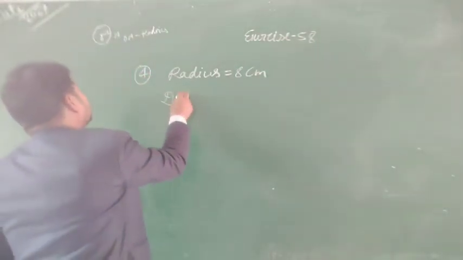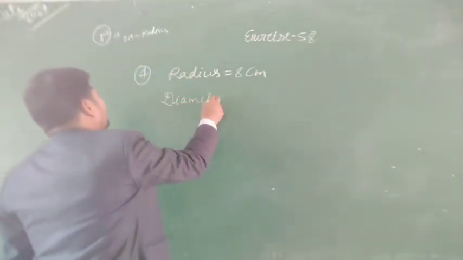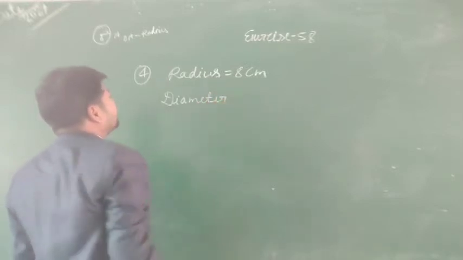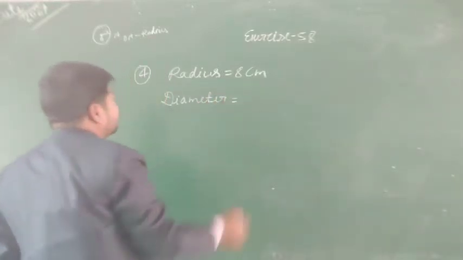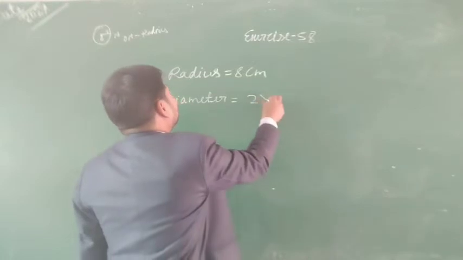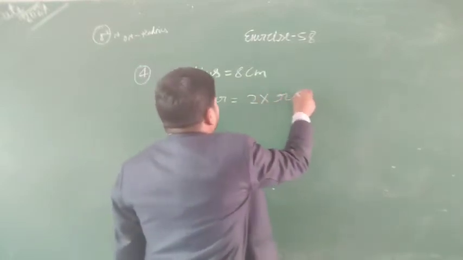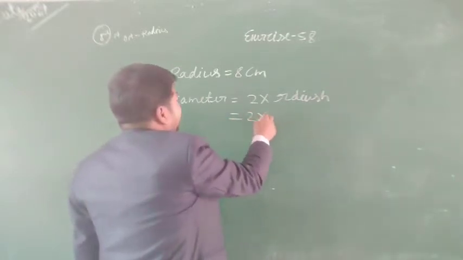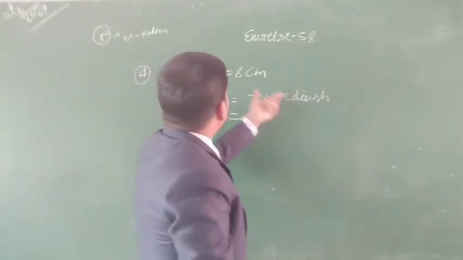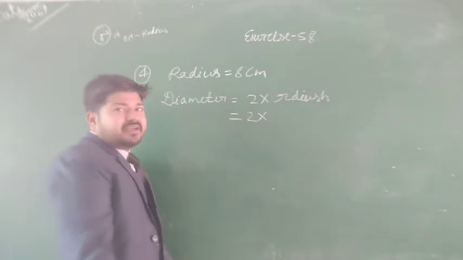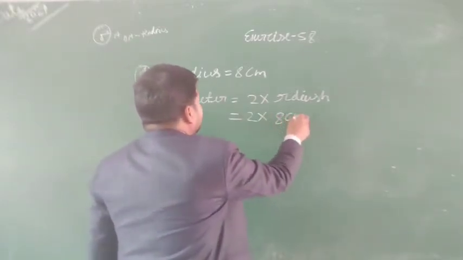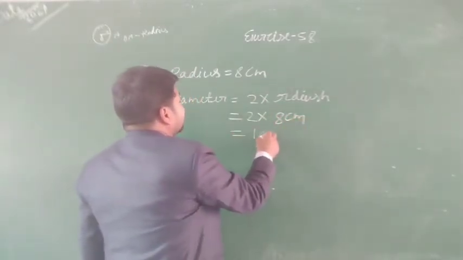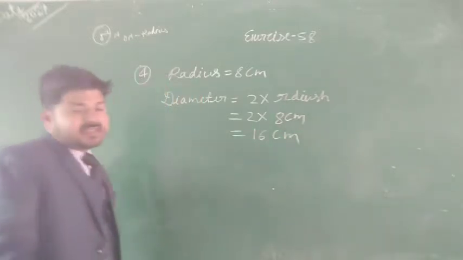So diameter, the formula I will send you in the PDF form. Diameter formula is 2 multiplied by radius. So 2 multiplied, and what is radius? Given in this question 8. So 2 will be multiplied by 8 centimeters. So it will be 16 centimeter. Okay.